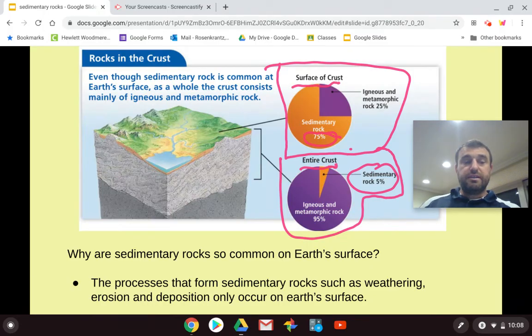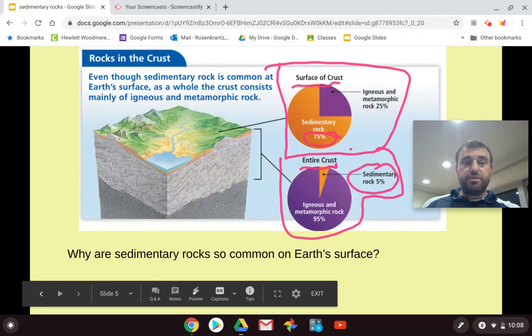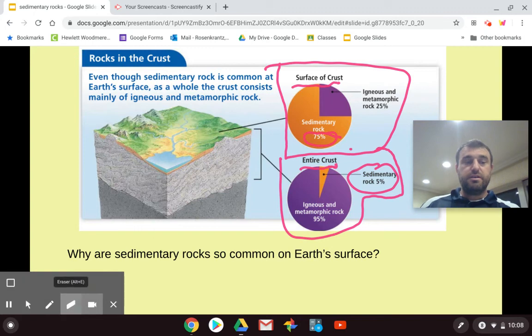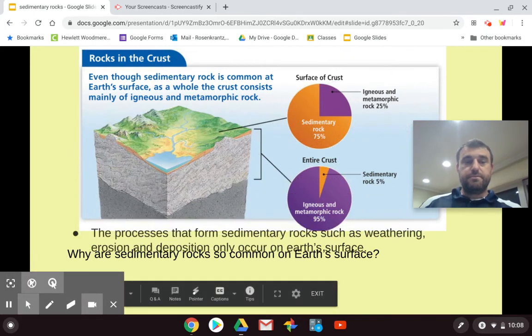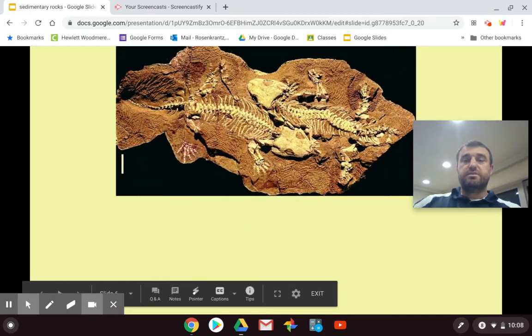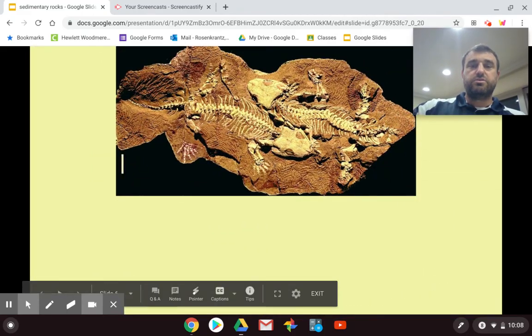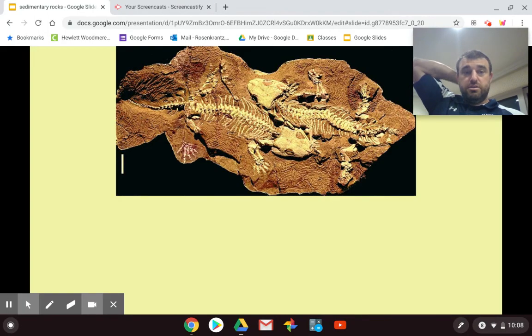All right, the last concept that I really want to go over with this group of rocks is, see this picture here? Those are fossils. So even though you don't have that rock in your hand, once you see a fossil, you know that rock is sedimentary. All right?